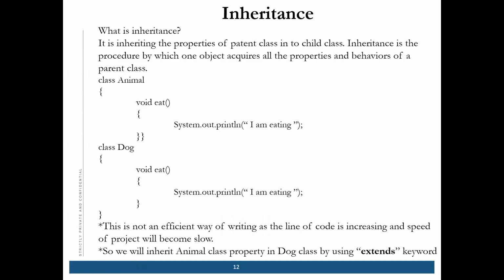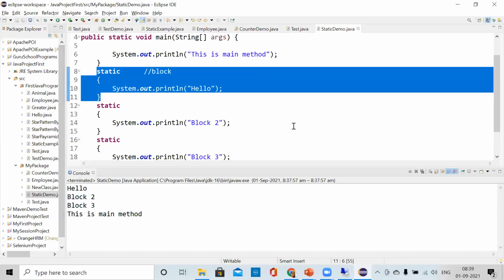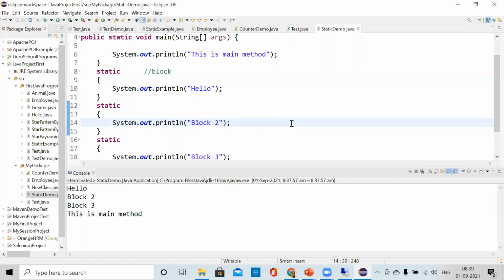So now comes inheritance, which is about how you can inherit properties. Is everyone clear with the static thing? Any doubt in this part? Yes, clear.